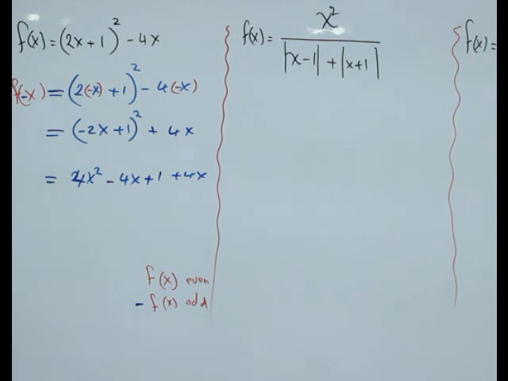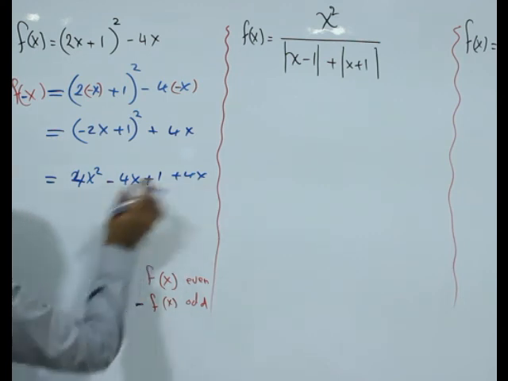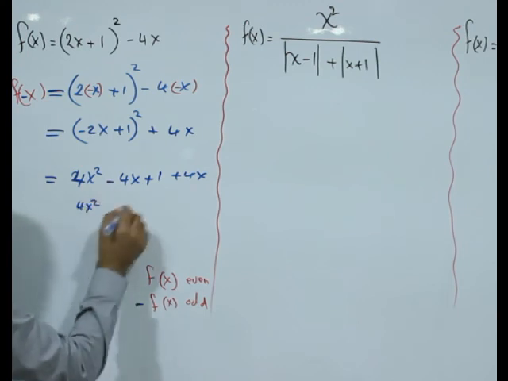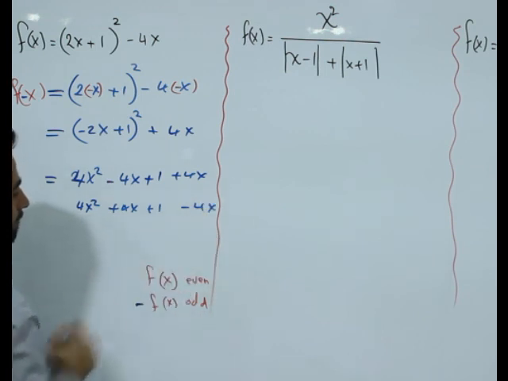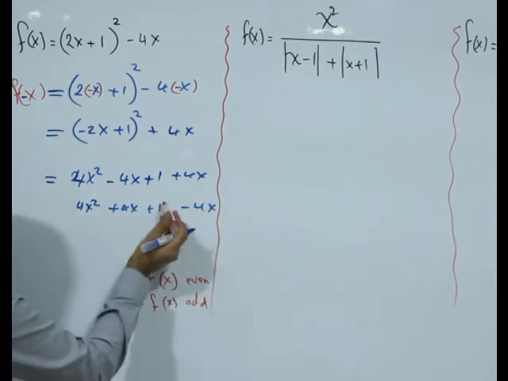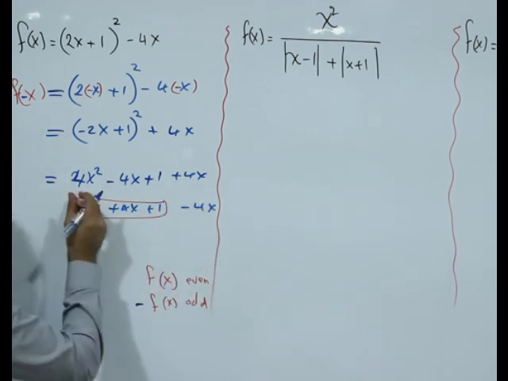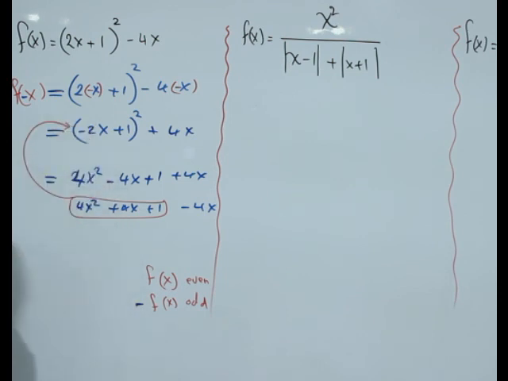Here, guys, if I change this with this, so 4x squared, don't cancel it, plus 4x plus 1 minus 4x. Now, can I say this is also equal to this bracket? Yes, it is the same.